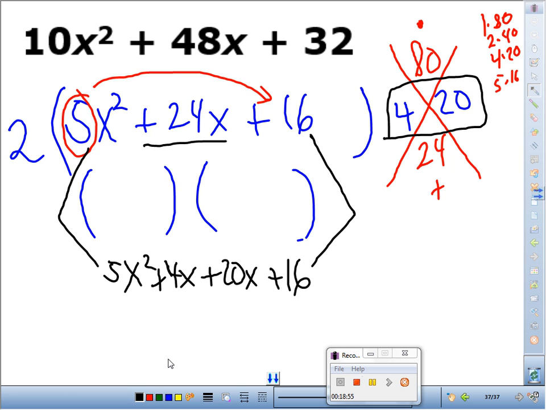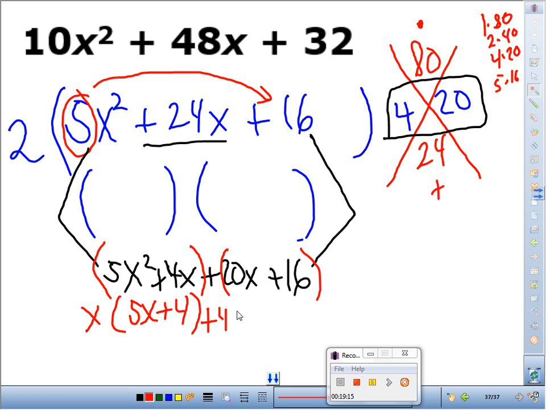Alright. So let's see. Now let's start all over. What's GCF for these two? X. And we're left with 5x plus 4. What's GCF for these two? 4. And we're left with 5x plus 4.